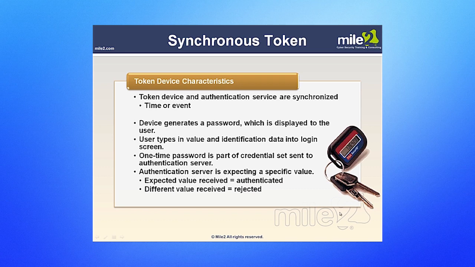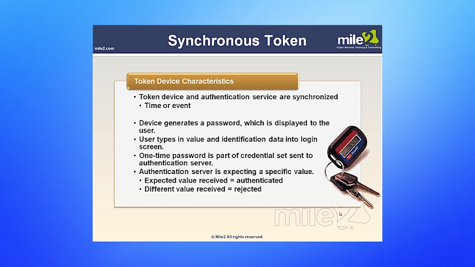When you start thinking about token devices, these come in two forms, and this was first looking at synchronous token. And this is where it actually synchronizes based on a time or an event. So the token device and the authentication service is what's actually being synchronized.